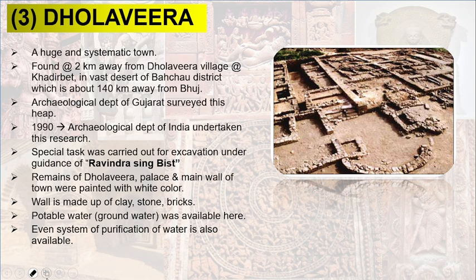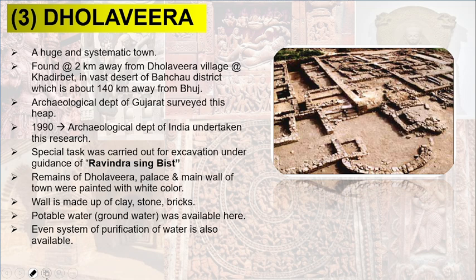First, the Archaeological Department of Gujarat started these surveys, and after that, in 1990, the Archaeological Survey of India undertook this research. For the excavation of this site, Ravindra Singh Bisht made a special team.